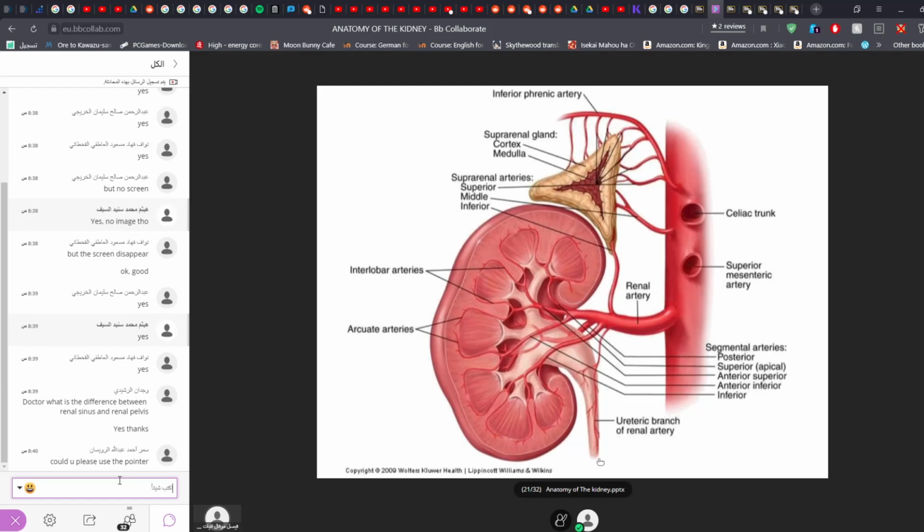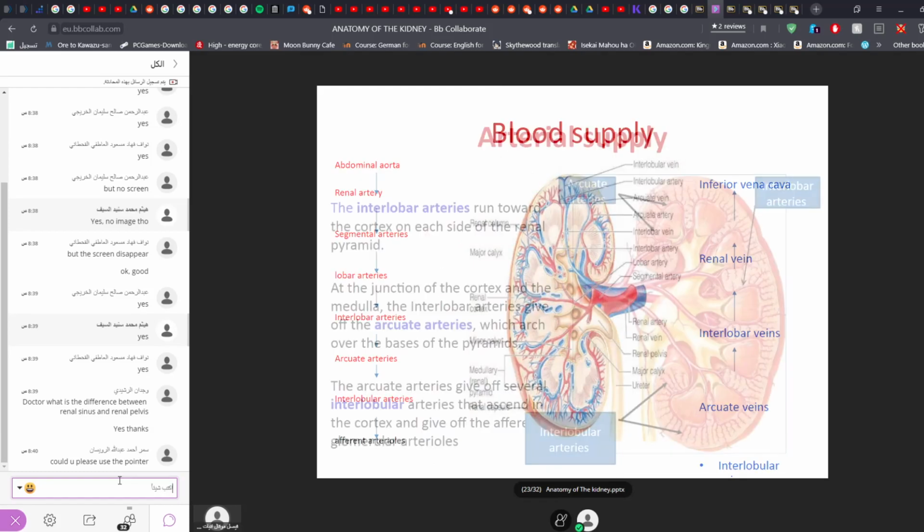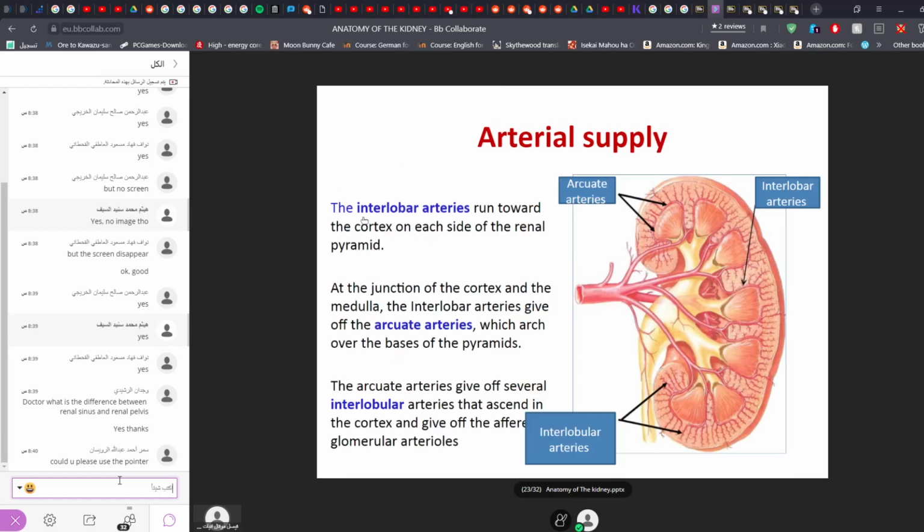Now let us see where it goes. So here segmental, then segmental is forming the lobar artery which goes towards the pyramids. Can you see? Now, when reaching the pyramids, they are called interlobar arteries.